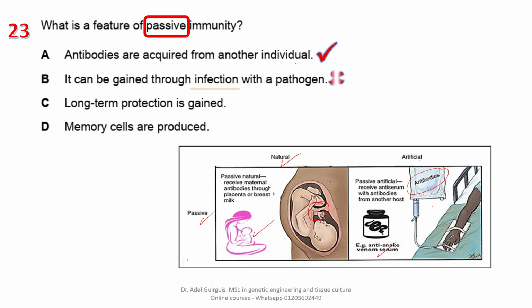Passive immunity, also long-term protection is gained? No. Why? Because no memory cells are produced from his or her immune system. Also wrong. What about memory cells produced? Not produced. No memory cells, no triggering for immune response.